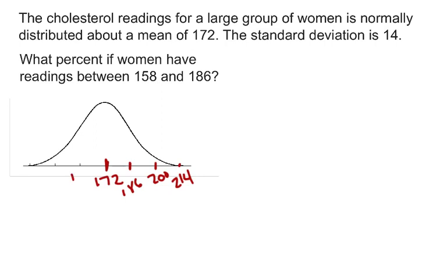So that would make 158, 144, and 130. Now, back to the question. What percentage of the women have readings between 158 and 186? Well, that's 1 standard deviation on either side of the mean. So, 1 standard deviation on either side makes 68%.